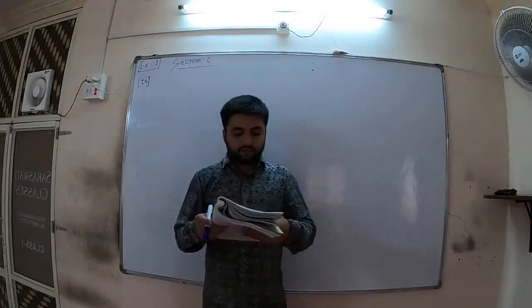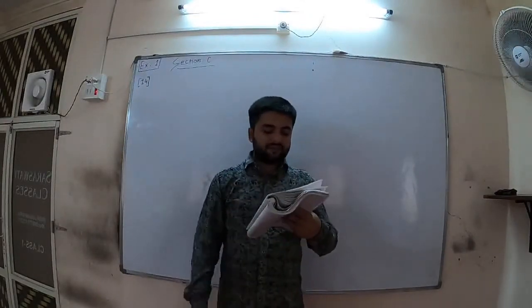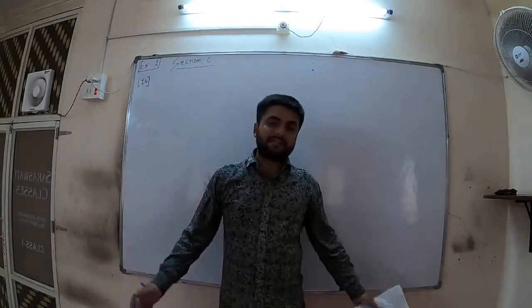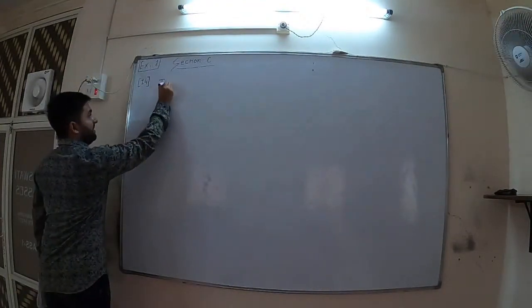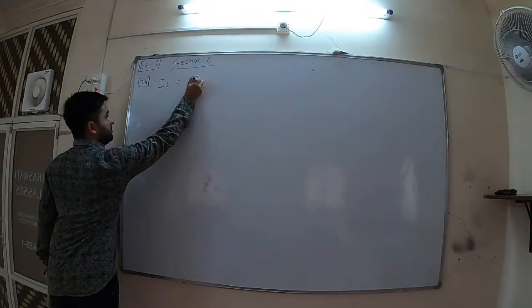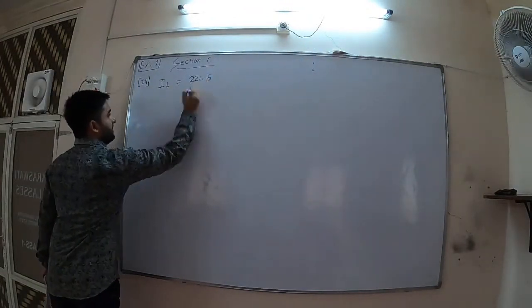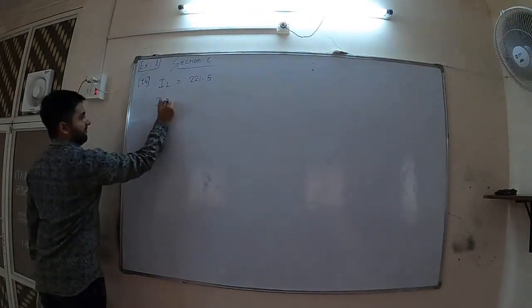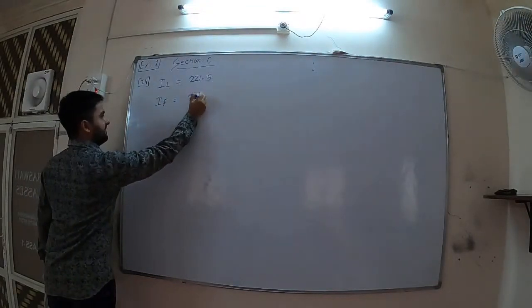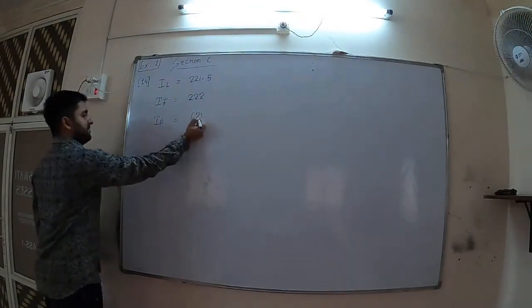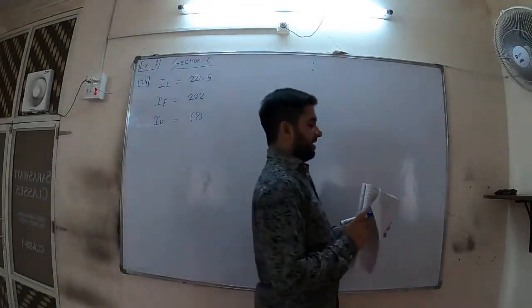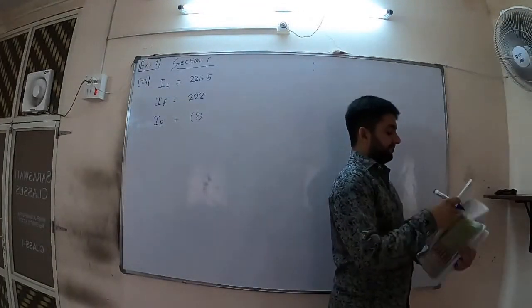IL is equal to 215, IF is equal to 222, find IP. Very simple. IL means Laspeyres' index is 215. IF means Fisher's index is 222. IP means Paasche's index is to be found. Now for that you need the formula for IF.